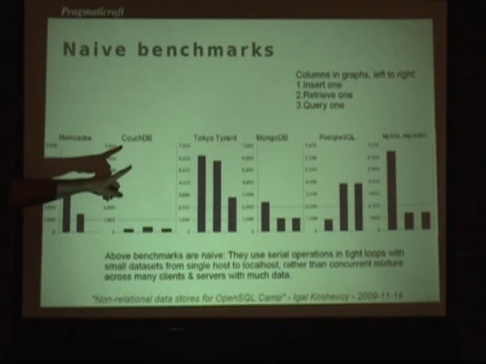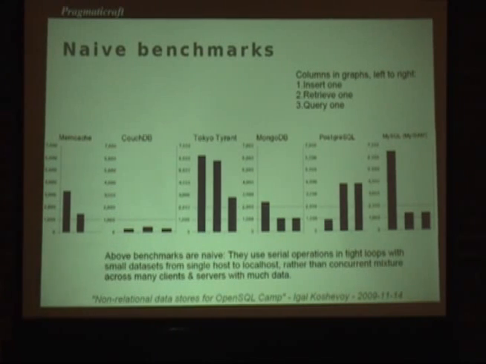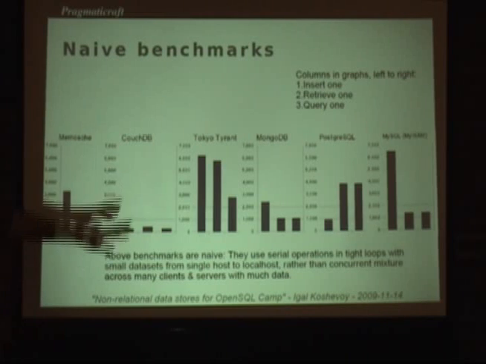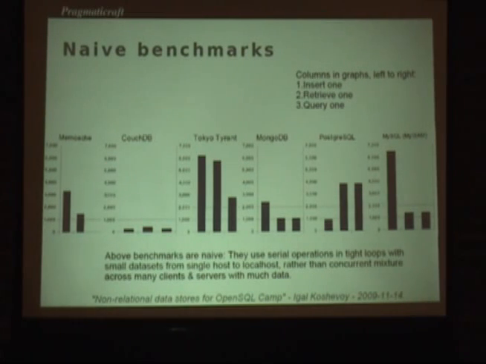MySQL and MyISAM have ridiculously fast inserts. Switching to InnoDB, it drops like a rock. But you can see that Postgres and MySQL are doing fairly well. And that's why I was mentioning earlier about performance not necessarily being the deciding factor.